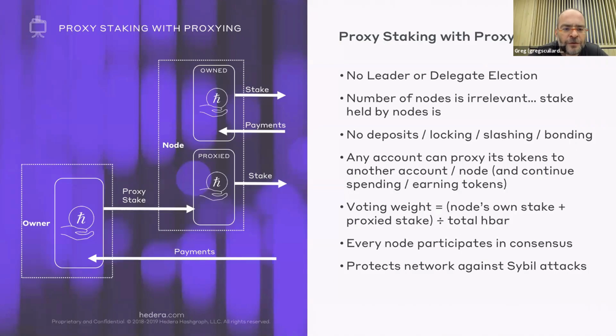And obviously, the node's owner then has to divide the stake from the first node with the second one, which results in exactly the same voting weight. Remember, that's the node's stake plus the proxy stake divided by the total number of HBAR. And in return for stake, there are payments that are returned to the node, but we'll cover these in crypto economics a bit later on.